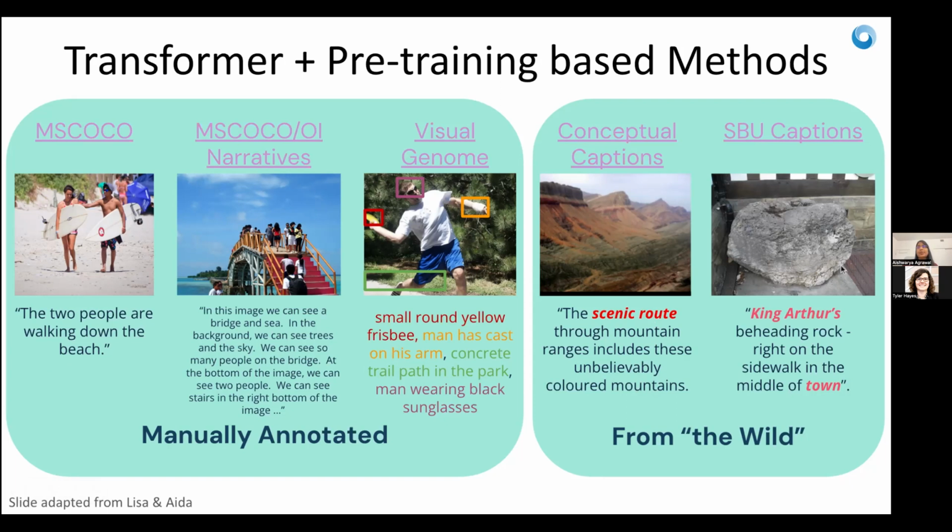Similarly, the SBU Captions data set has named entities like King Arthur's name, proper nouns and things like that. So quality wise, they tend not to be that great, but they are much larger in size. So there is always this trade-off.